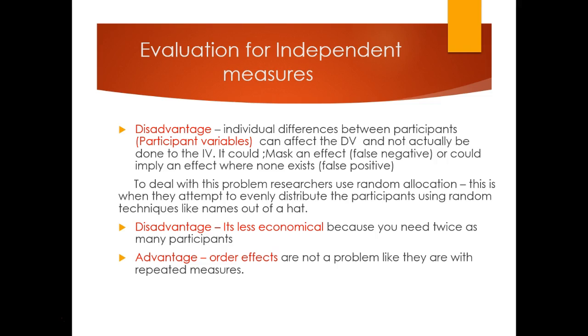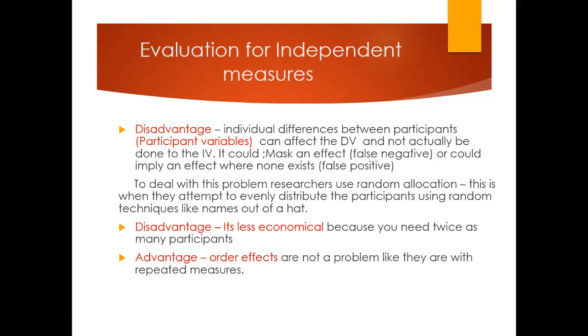For example, you may be measuring reaction time. It could just happen that in group 1 you have people who are much better at catching things than people in group 2. So it was the individual difference that causes a change in the DV, and not what you have done, for example, giving them some alcohol.